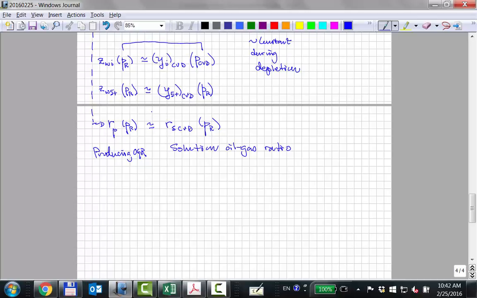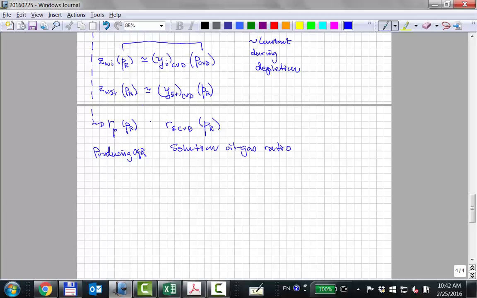Approximately equal. Well, actually what you're going to find is that this is going to be approximately equal. The producing is going to be a little bit less, maybe 5%, maybe 3%, maybe 8%, but it's going to be a little bit less.